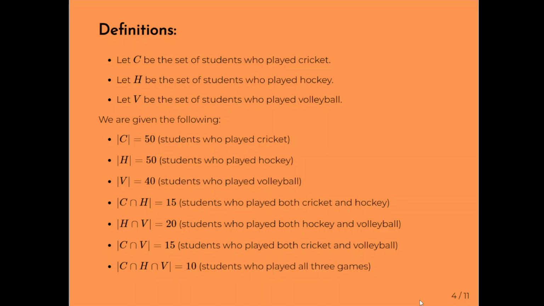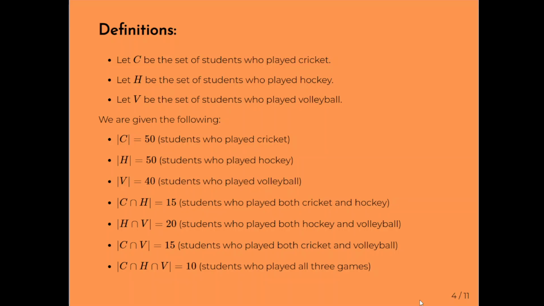Let C be the set of all students who play cricket. Let H be the set of students who play hockey, and let V be the set of students who play volleyball. We're given the following pieces of information. The cardinality of C is 50, the students who play cricket. Cardinality of H is 50, students who play hockey.